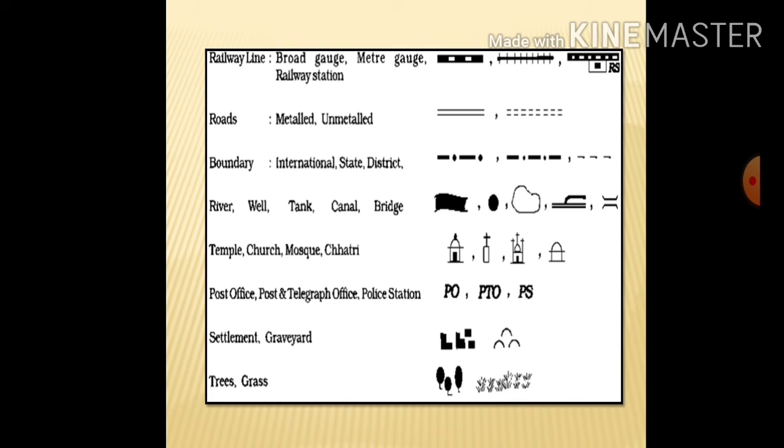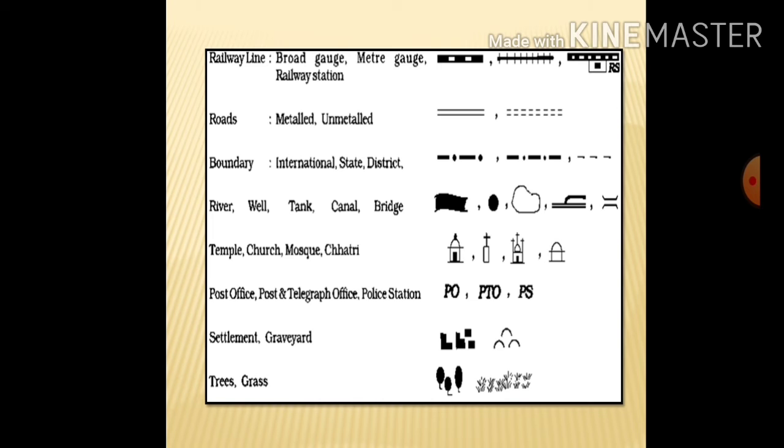You can see in this picture different symbols are used for a railway line, broad gauge railway line, meter gauge railway line and railway station. These symbols are used in all types of maps, in any language, throughout the world.